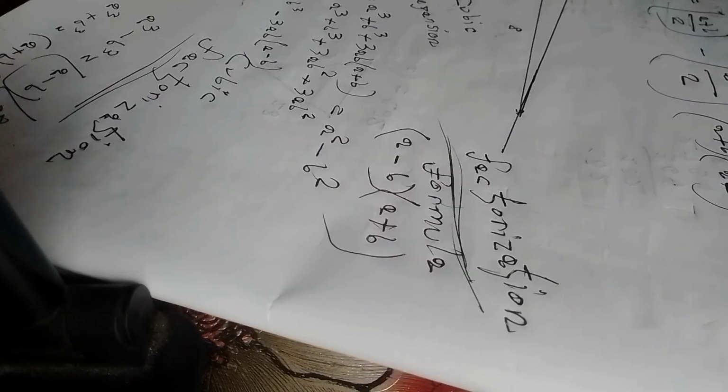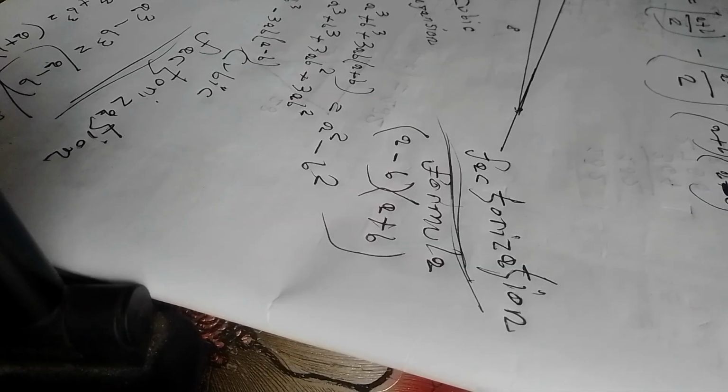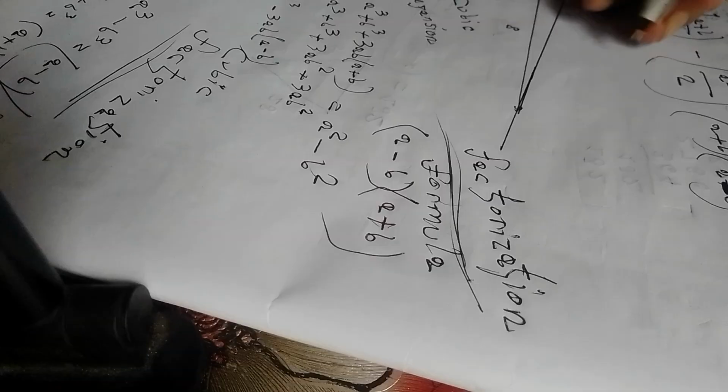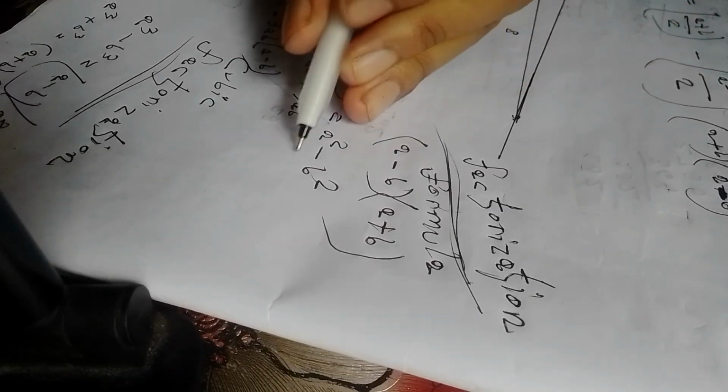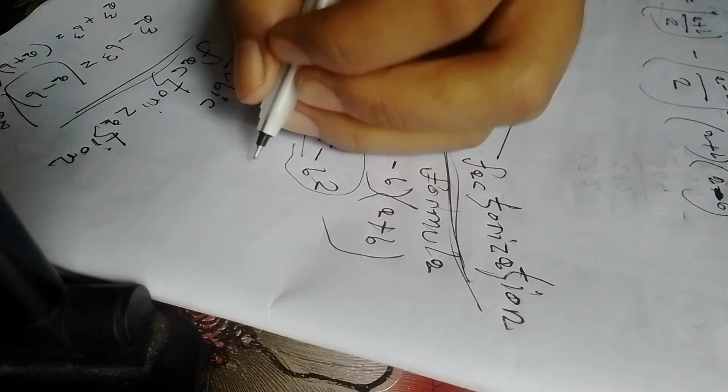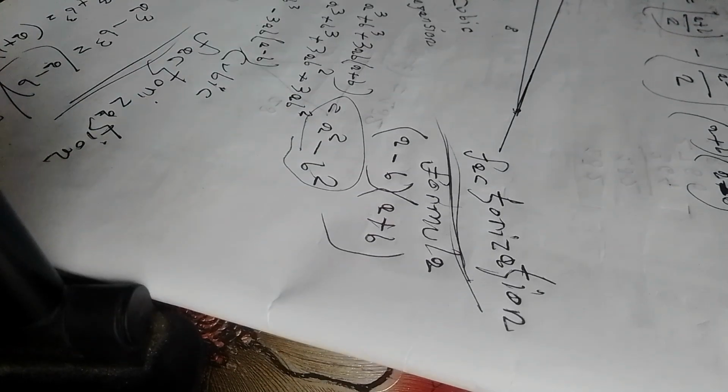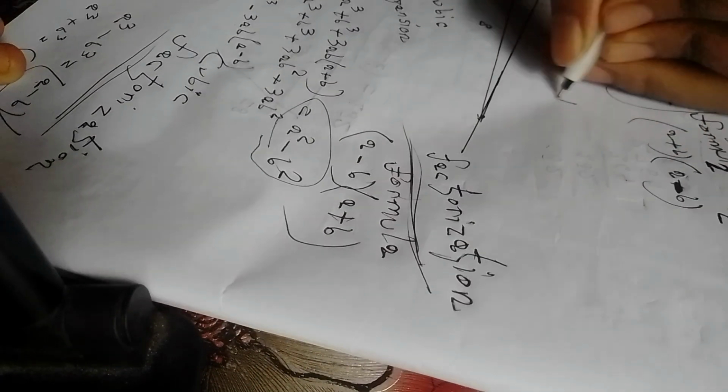Anyway, these are the most important formulas for all of class 10 and 9. And you will frequently see this formula appearing a lot in trigonometry. And also this formula, that 4ab one.